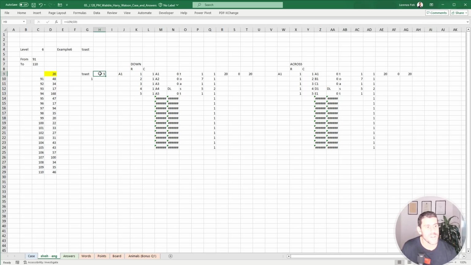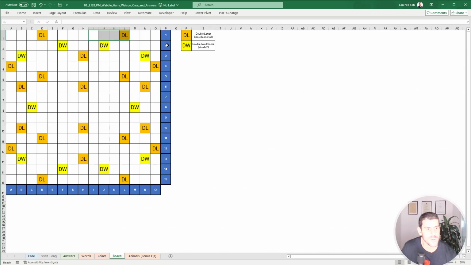Since the word is length 5, it means it needs to be at least 5 steps to the left of the rightmost column, so P, and 5 steps above the downmost row, which is 16.